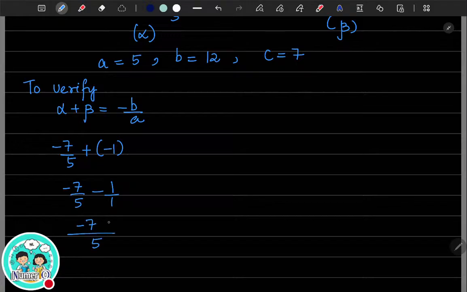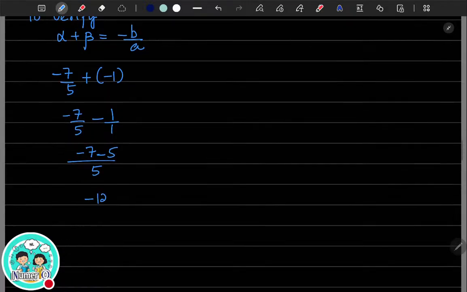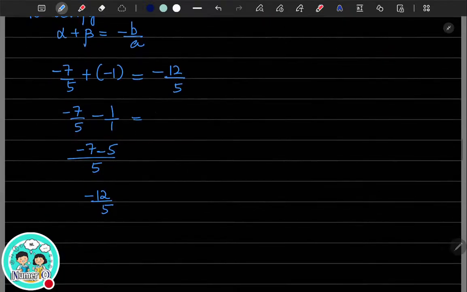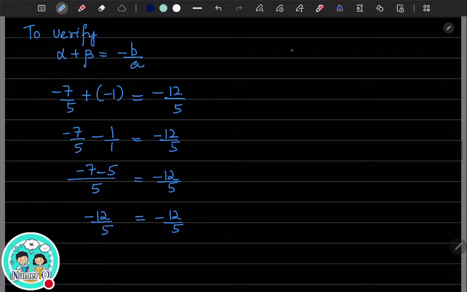You have minus 7 minus 5, which is nothing but minus 12 by 5 is equal to, what is minus b? It is minus 12 by 5. So you are getting even the RHS is minus 12 by 5. Okay, now let us verify the product of the zeros.